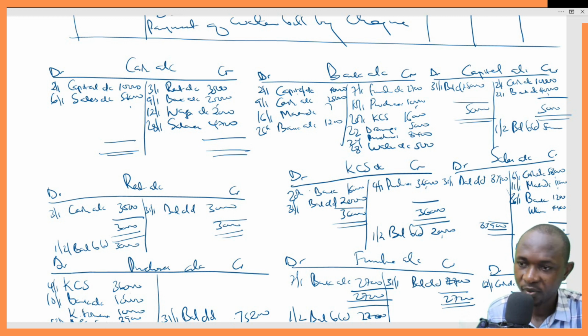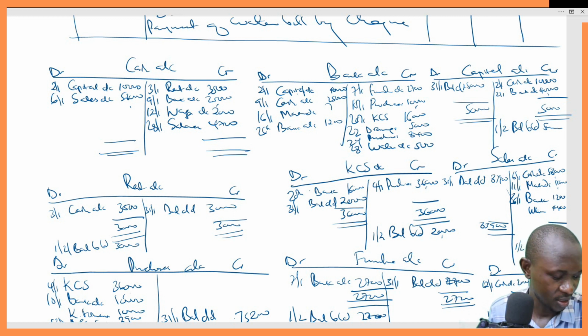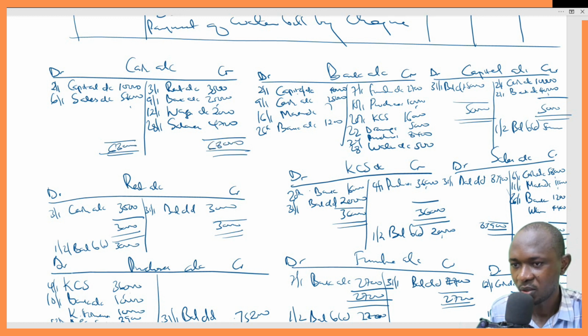So this is 68,000. This is 68,000. So balance carried down. You can do the difference. What is missing to get 68,000. And if I'm not wrong, is 28,100. So this becomes our balance carried down on 31st January. So that means 1st February balance brought down will be this 28,100.